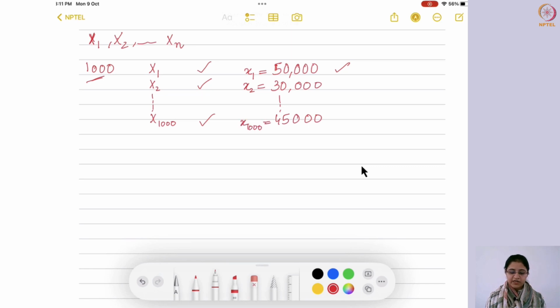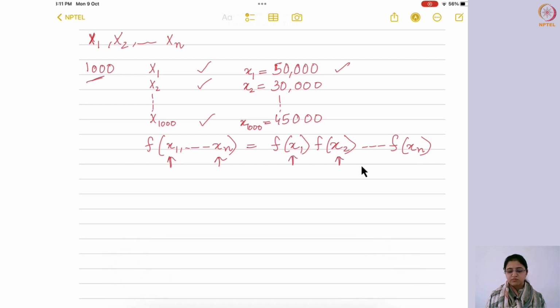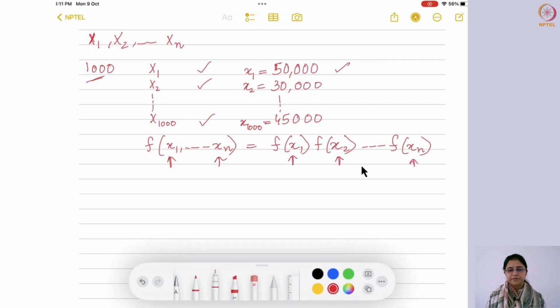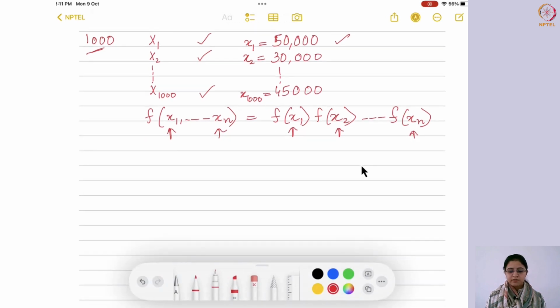If you want to write the joint density, then since they are independent, it is just the product of their marginals. So that is why you have these small xi's over here, because these will be the realized values. Okay, whatever the PDF is, in that you can just replace it with these small xi's, and you will get your answer. So this is about the random sample.